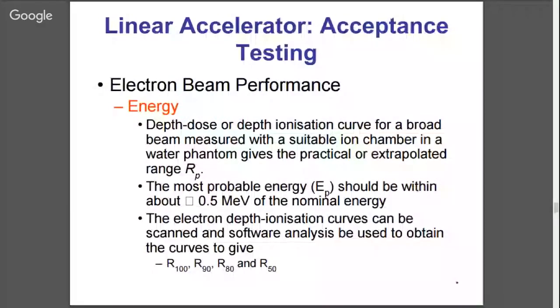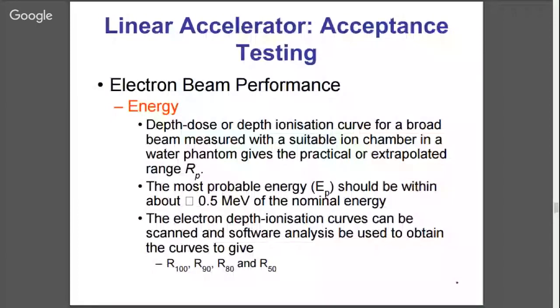Of course, we also have to do the same for the accelerator in electron beam mode. Again, we can get this information from depth dose or depth ionization curves. I'm not going to talk about the details here, but we look at the electron beam profile, and from that depth dose profile, we can get things like the extrapolated range, RP, and we can calculate the most probable energy from this extrapolated range.